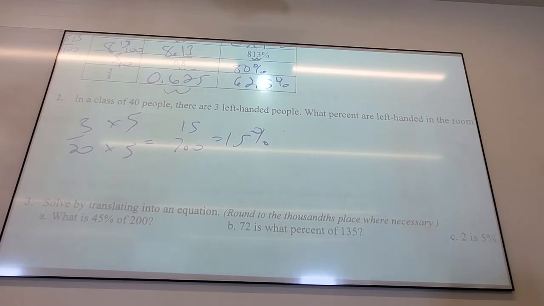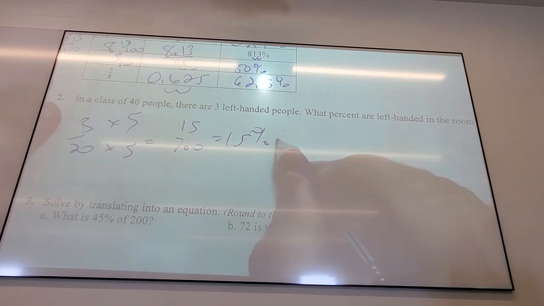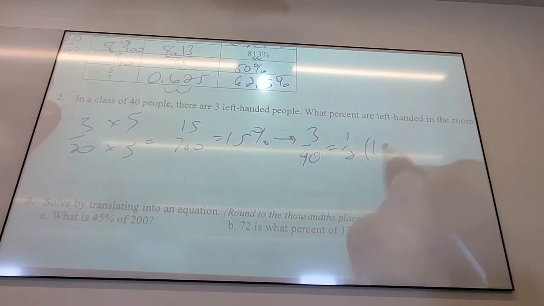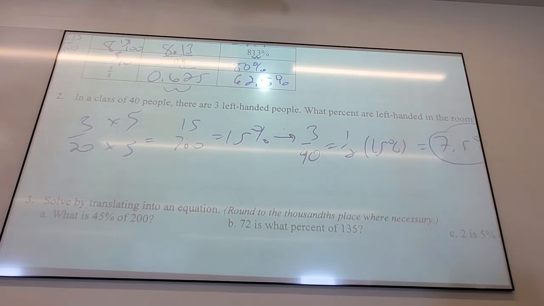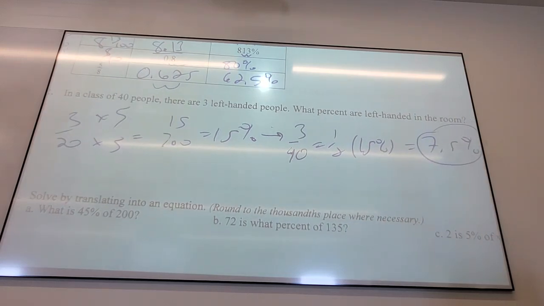But like we just said, 3/40 is exactly half of this. So what's half of 15%? 7.5. And those of you who just plugged in your calculator, yes, we did finally catch up to you. So if you do 3 divided by 40, you should get 0.075. And then of course you make that into 7.5%. I like it. Okay.